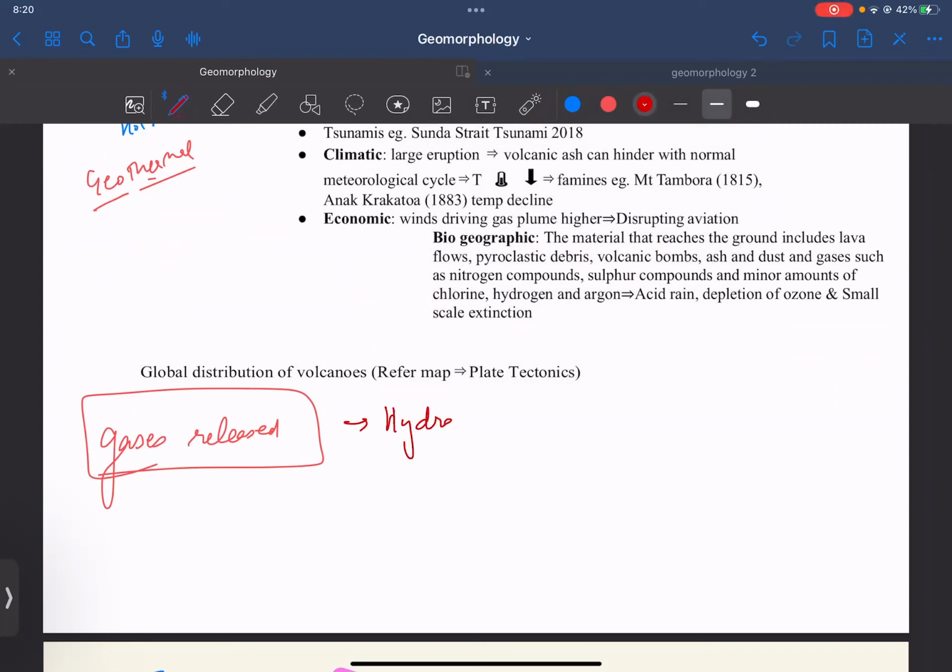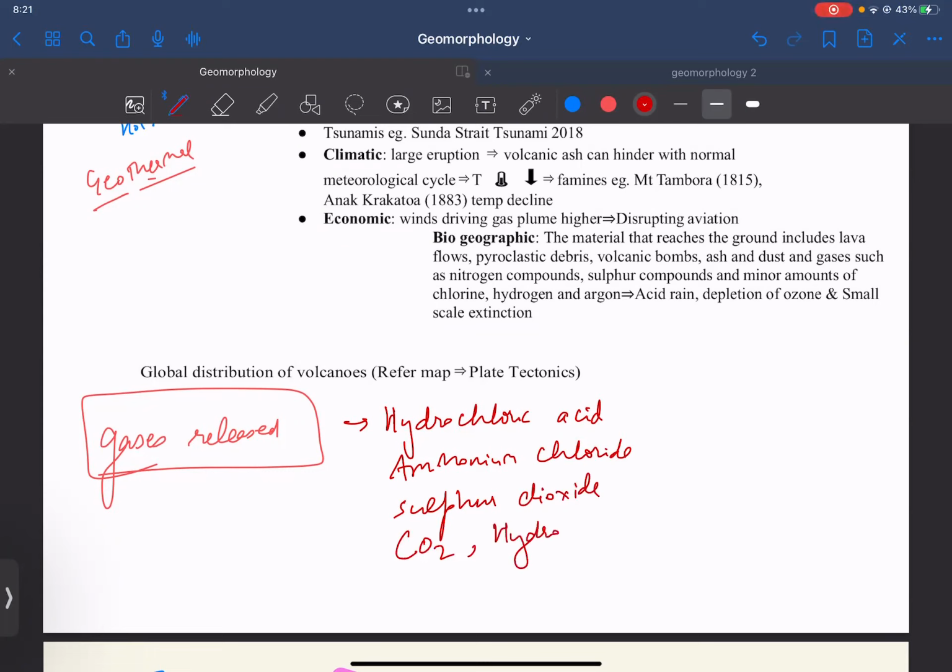If you remember how the formation of Earth's atmosphere took place, the degassing phenomenon, gases were released in that too. Gases were released through volcanic activity only. So hydrochloric acid, these are released. Ammonium chloride, sulfur dioxide, carbon dioxide, CO2, right?